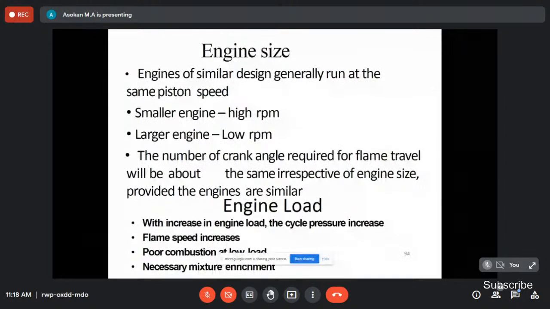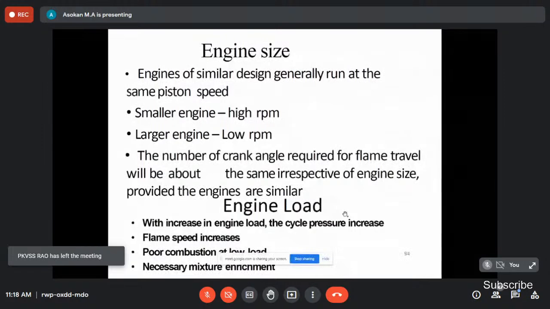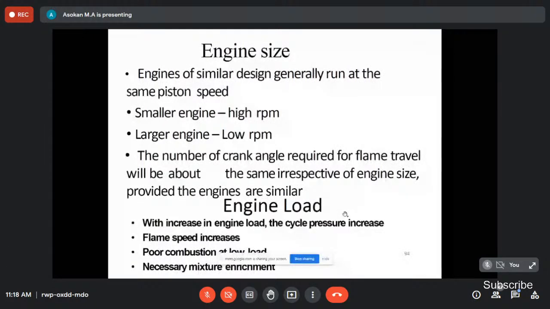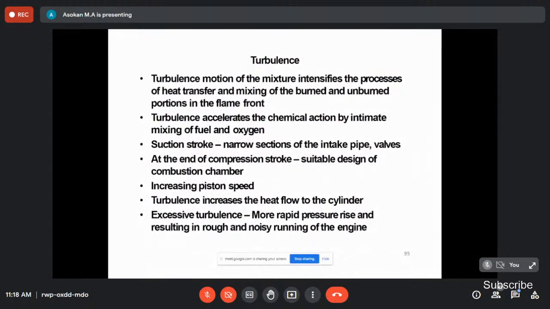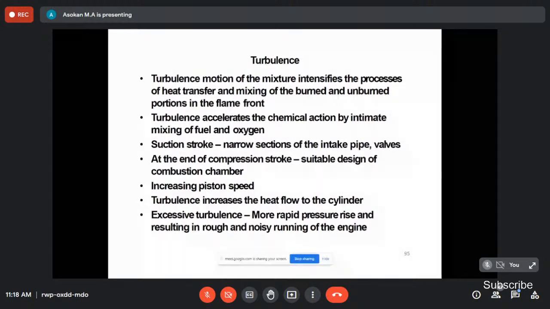Whereas at a lower load, when the engine load is not increased, the combustion decreases. And turbulence, we already discussed. If you increase the turbulence, the propagation speed and velocity increase, and then the pressure in the cylinder increases.